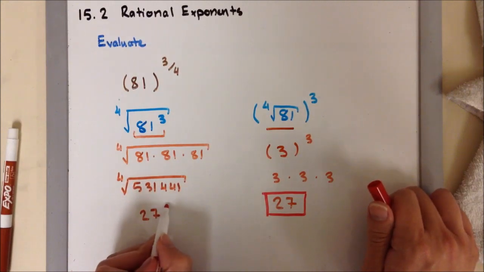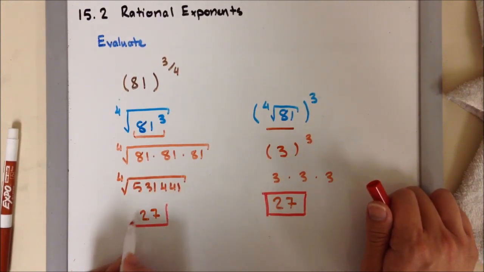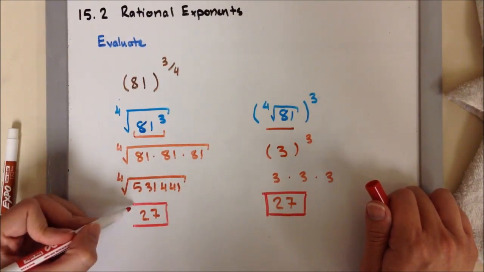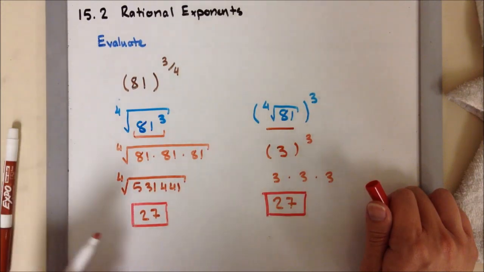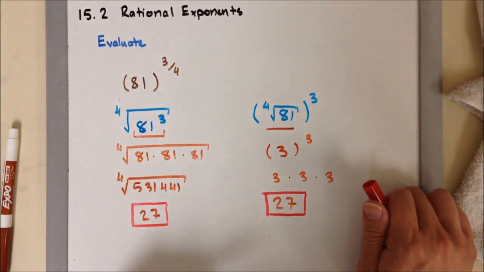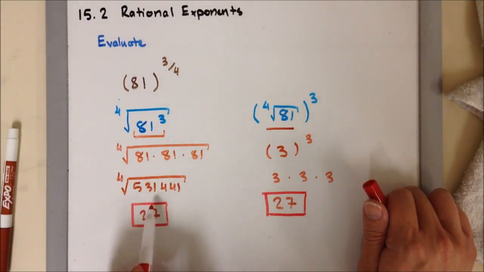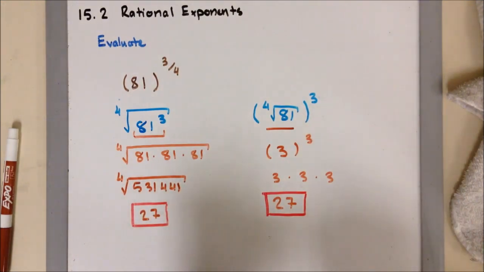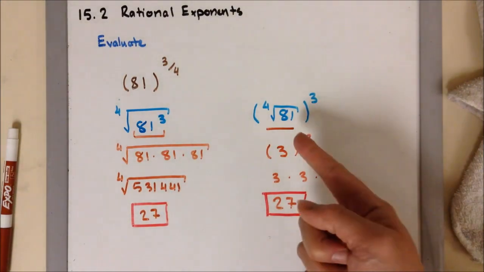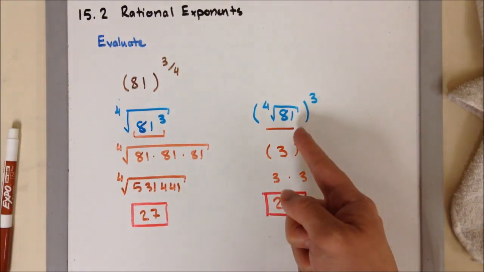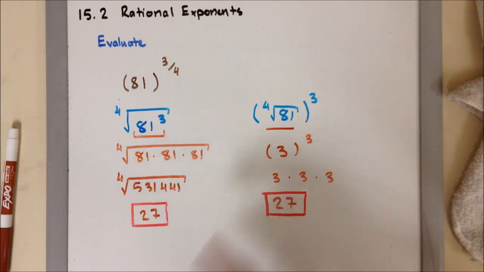Again, like I said before, either form works, but the problem with the first form is that if you're working with big numbers, then you're going to use the exponent inside, and you're going to have an even bigger number, as you can see here. And it's going to be a bit hard to find the root of it if you're working with a huge number. Whereas in the other form, we did the root first, so we made the 81 become a smaller number.